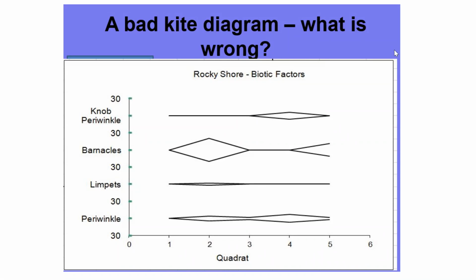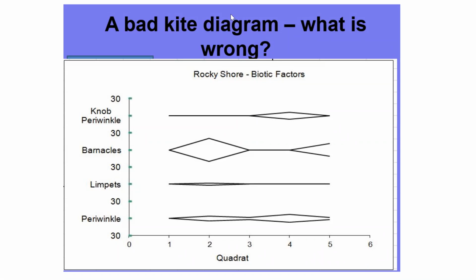Very good, Yogeshwari. The kites are not originating from the x-axis. Again, Disha, you're right. X-axis is not labeled properly. Like, what about the quadrat? Is it saying the number of quadrats or distance of the quadrat from the origin? Not labeled.